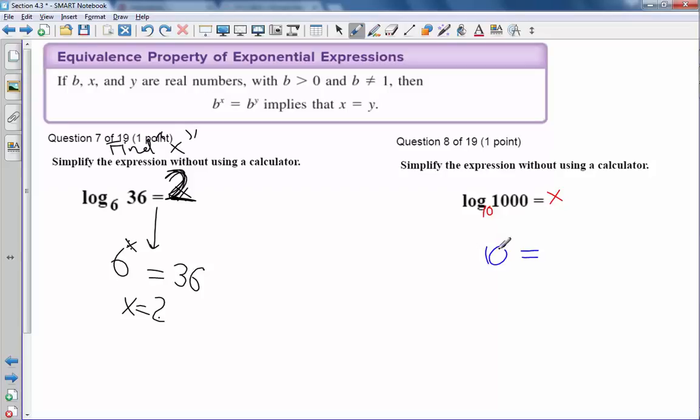Yep. Base goes to the base, x goes to the top, 1000 goes to the other side. What power of 10, you multiply 10 that many times and becomes 1000? 3. All done. Right?